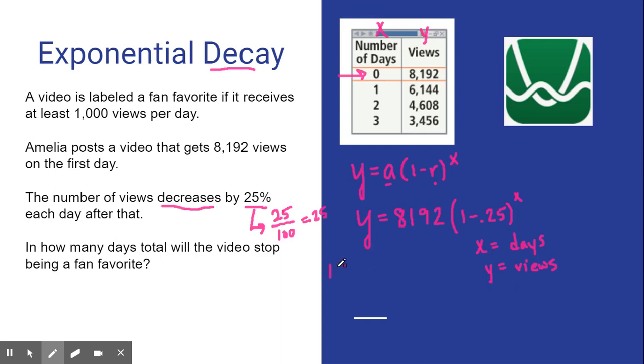So we are looking for when y is equal to 1,000. So I'm going to use 1,000 in for y. And then I'm also just going to simplify the inside here. 1 minus 0.25 comes out to 0.75. Okay, so we'll notice that that value is below 1, right? This is less than 1. So that's another reason why we know that this will be a decay.